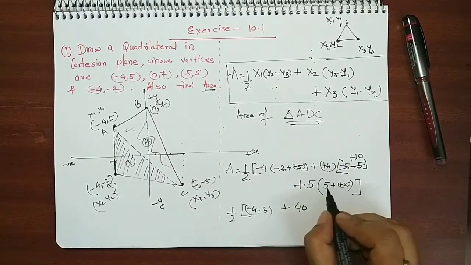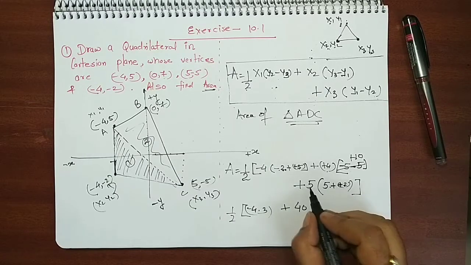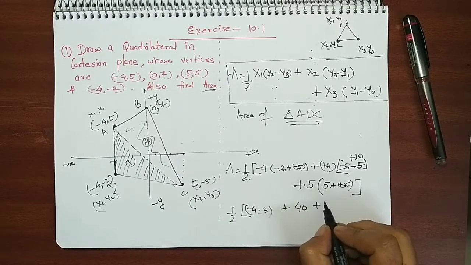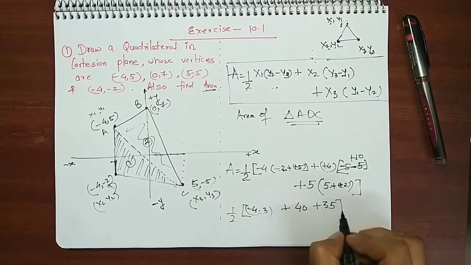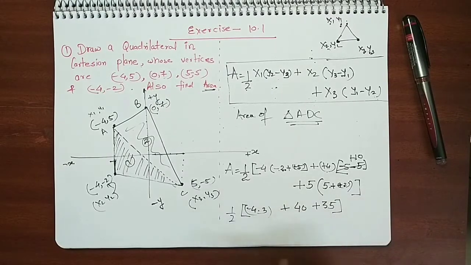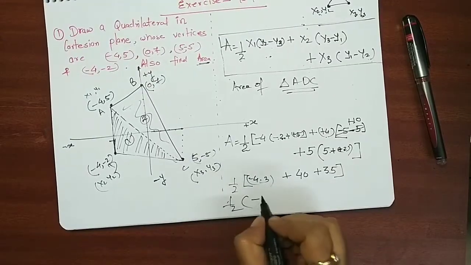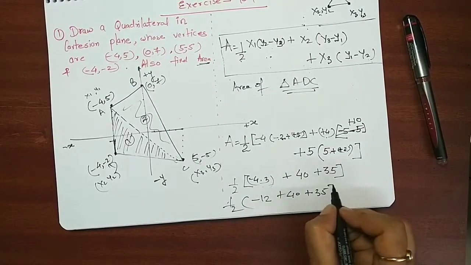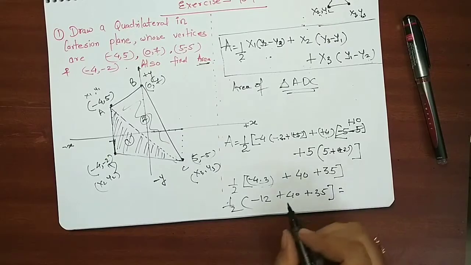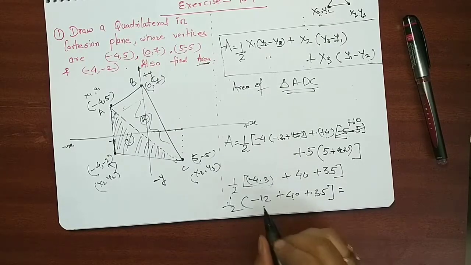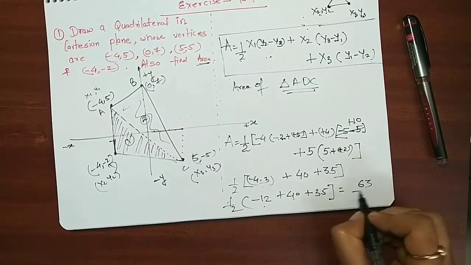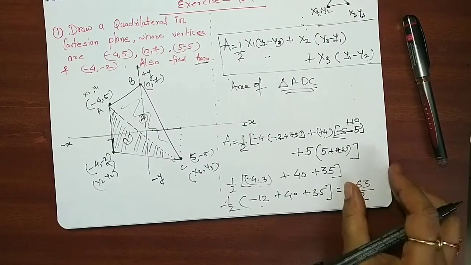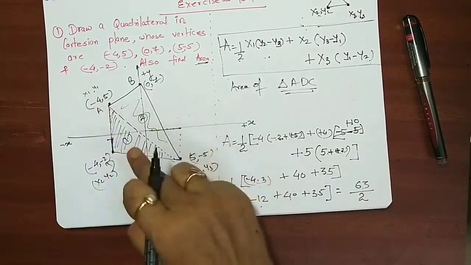Then this is plus, minus becomes plus, so 5 plus 2 is 7, and 7 fives are 35. So you can solve it on your own now: 1 by 2 into minus 12 plus 40 plus 35. If you solve it, it comes out to be 63 by 2. So this triangle is done.